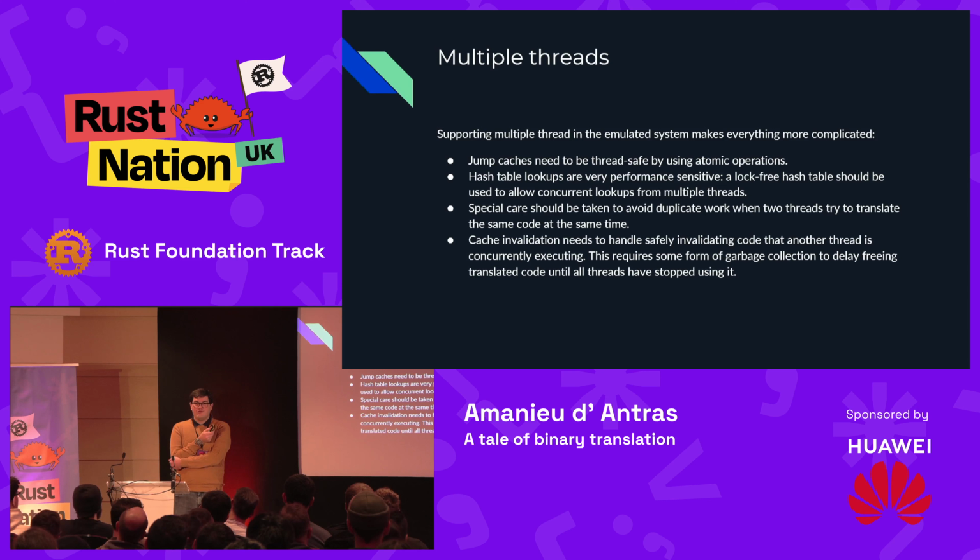If we modify some code, it means we need to invalidate the translated code. But what if another thread is actually executing the code that we're trying to invalidate? It's all sorts of mess. You need some sort of garbage collector to only free the code once you're sure no threads are still executing it.